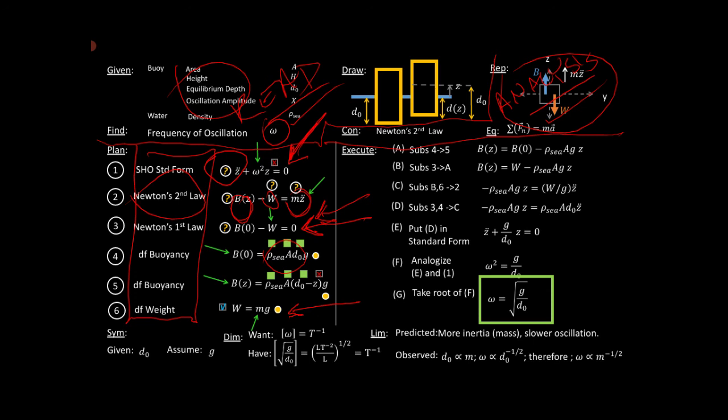This is a simple harmonic motion problem. If there's something to do with equilibrium, I need to know about it, right? Possibly I would have been given something like what the equilibrium z is, but I'm not given what that is, right? So I have to figure that sort of stuff out. So Newton's first law gives me something about equilibrium. That's good.